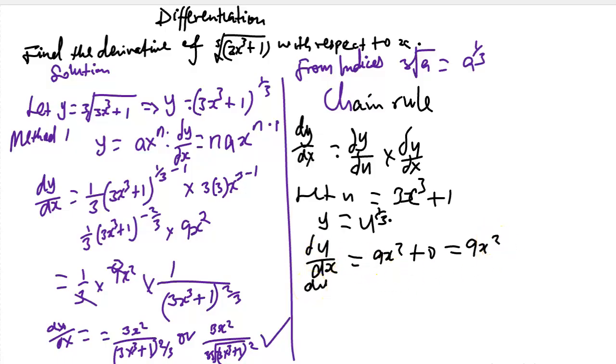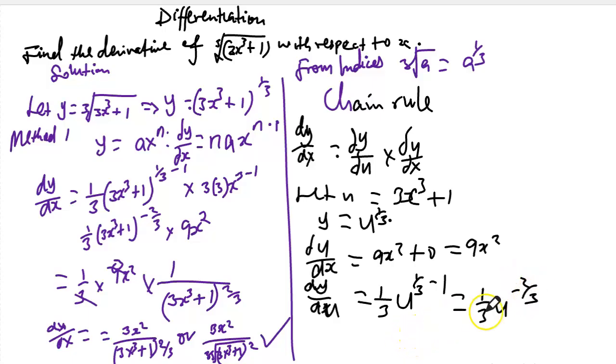So dy/dx is dy/du times du/dx. dy/du is 1 over 3 u to the power 1 over 3 minus 1. So this will give you 1 over 3 u, where 1 over 3 minus 1 gives us negative 2 over 3.